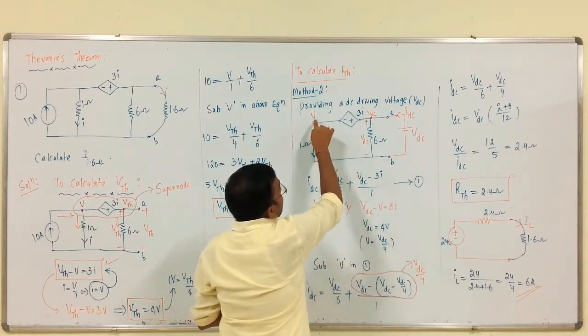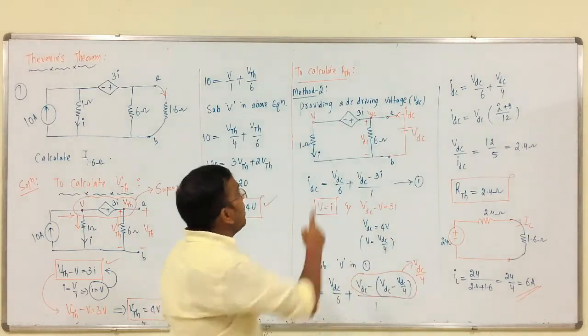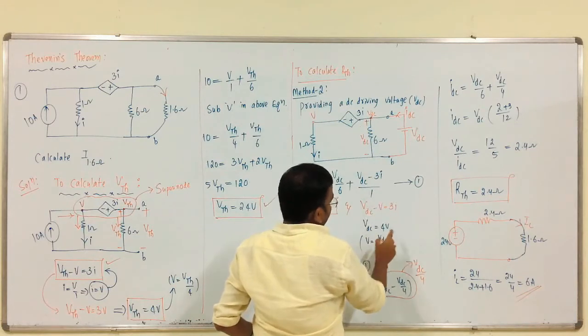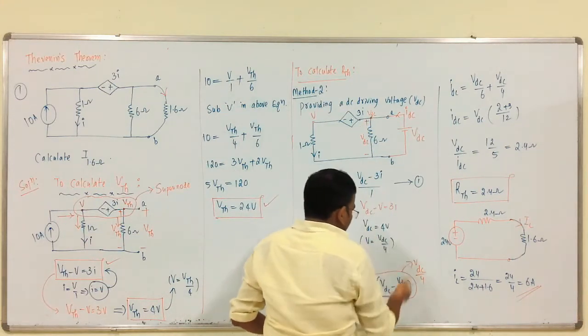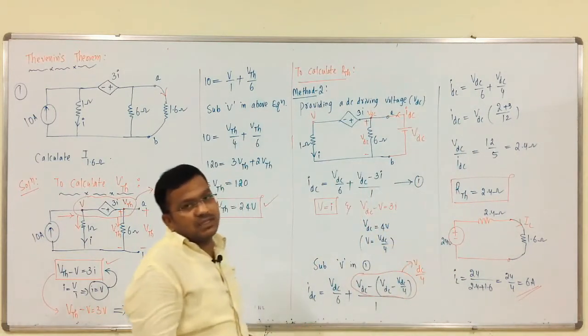But coming to this application, these two are non-reference nodes, that is why VDC minus V is equal to 3I. So from this, we got V equal to VDC by 4, then substituting this value into this equation, we got VDC by IDC equal to 2.4 ohms, that is it.